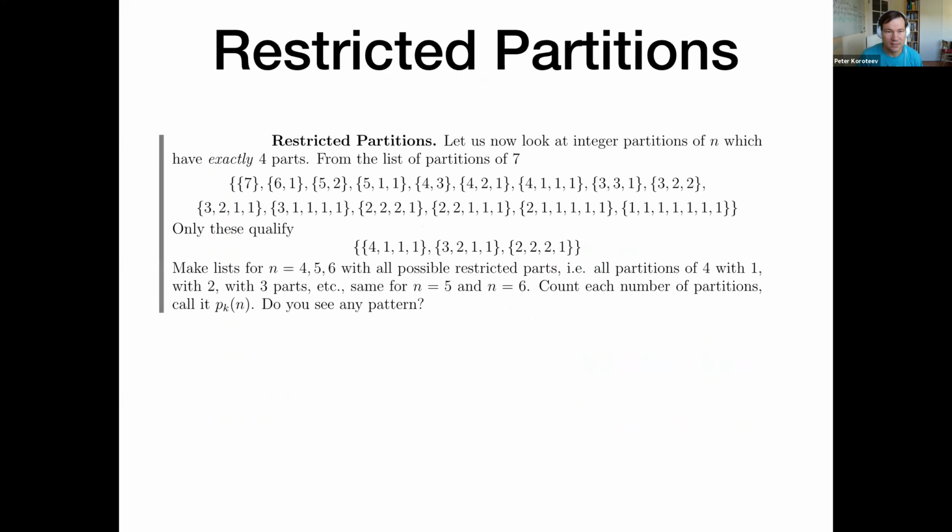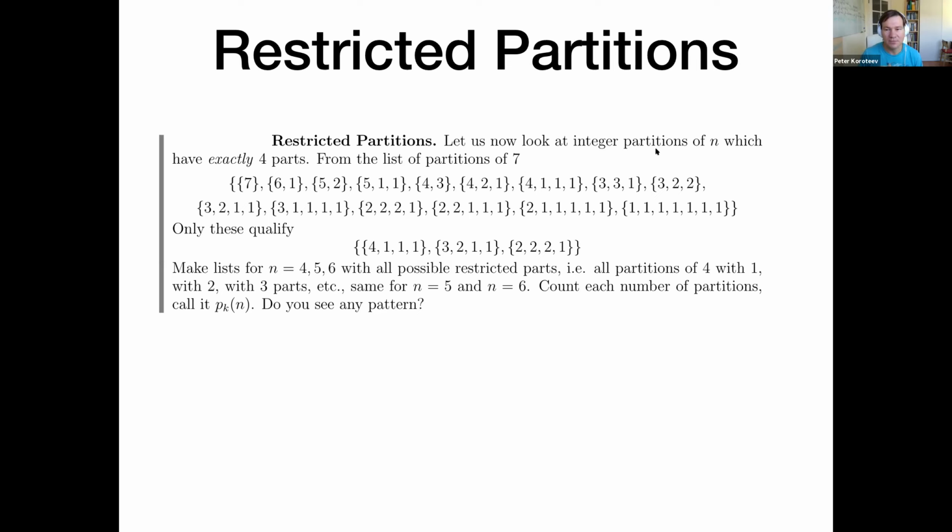Now today's topic is restricted partitions. That's another condition on partitions. In this case, we will not just bound but exactly specify the number of parts that the partition has.